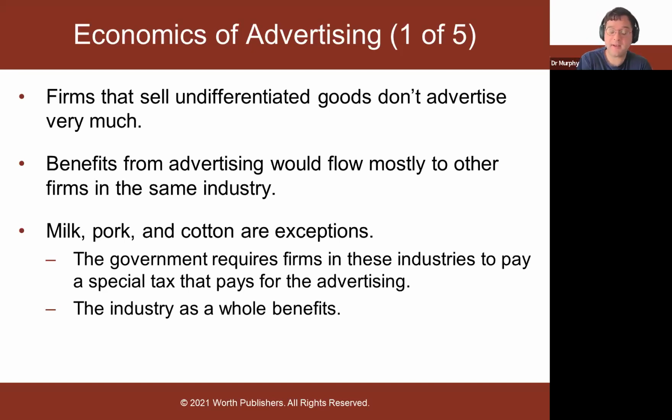No one firm is willing to advertise for the reasons we just talked about. So the lobbyists lobby for this special tax on all firms in order to avoid the free rider problem that we talked about, and we'll talk about again, people being able to enjoy the benefits of advertising without having to pay for it. So you will get some advertising for perfectly competitive industries, but it's mostly done at the industry level, like the Got Milk campaign and things like that.